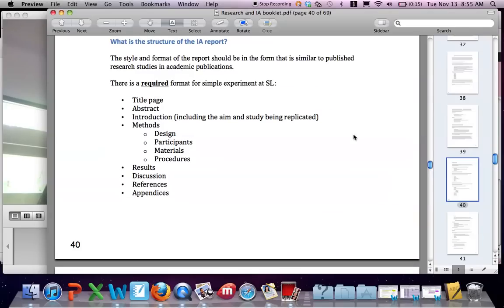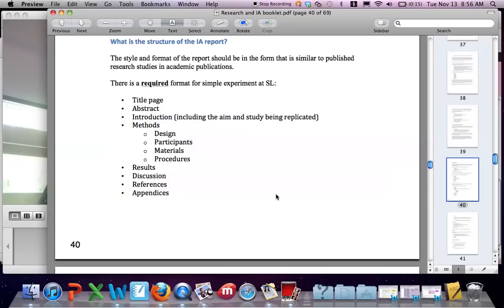There is a very specific structure to your IA report, and it needs to have a title page, an abstract, an introduction, a method section which includes design, participants, materials, and procedures, a results section, a discussion section, references, and appendices.